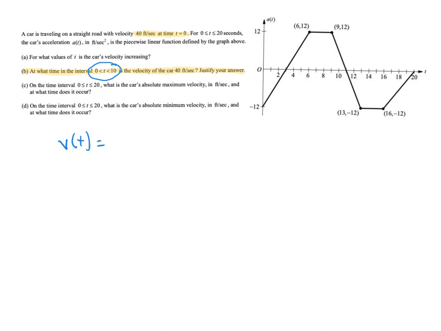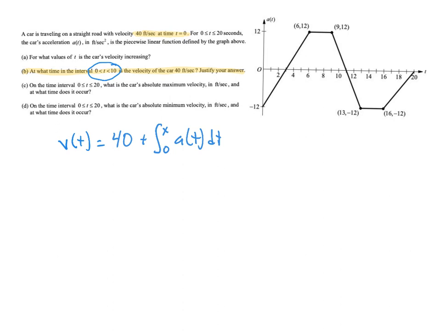But I think you'll agree, hopefully, that v of t starts out at 40 and then accumulates change from 0 to a particular, I should put a of t instead of f of t, to a particular time. So this is the function that we're investigating, and we want to know when this thing equals 40 again.